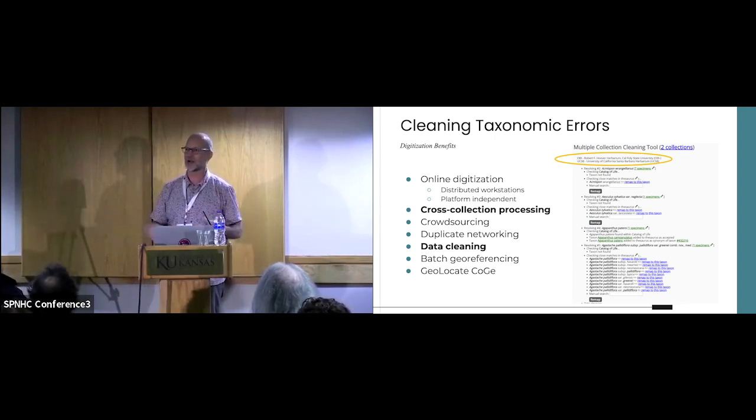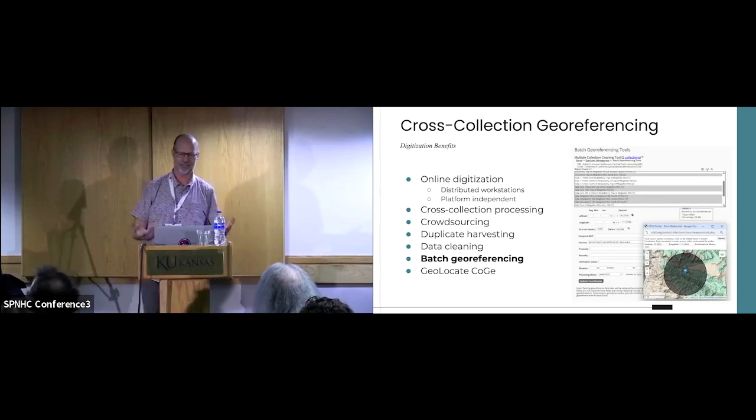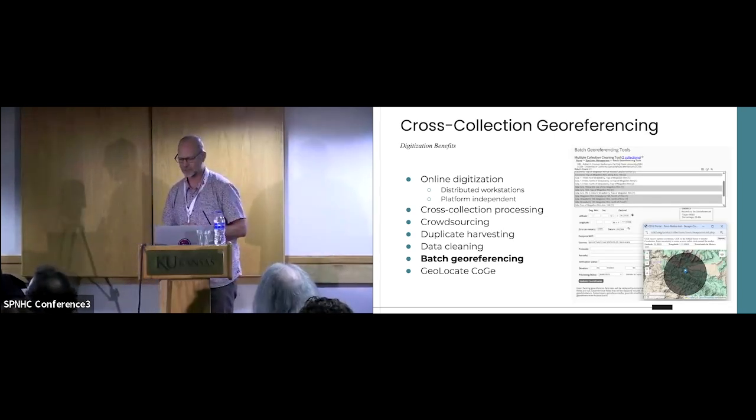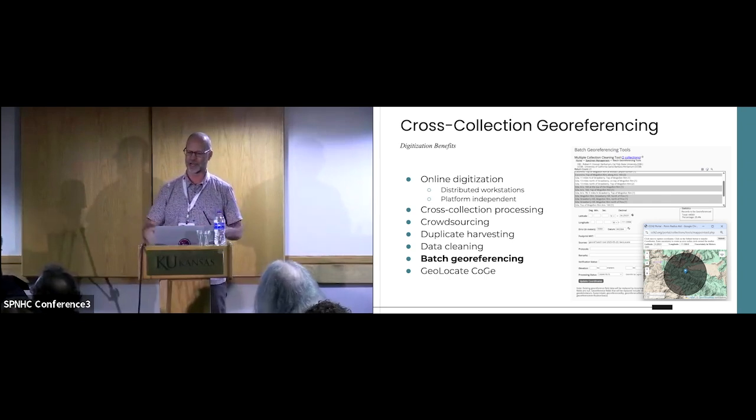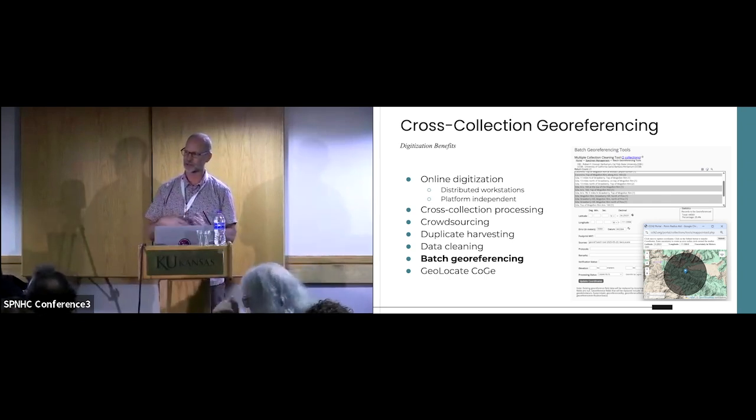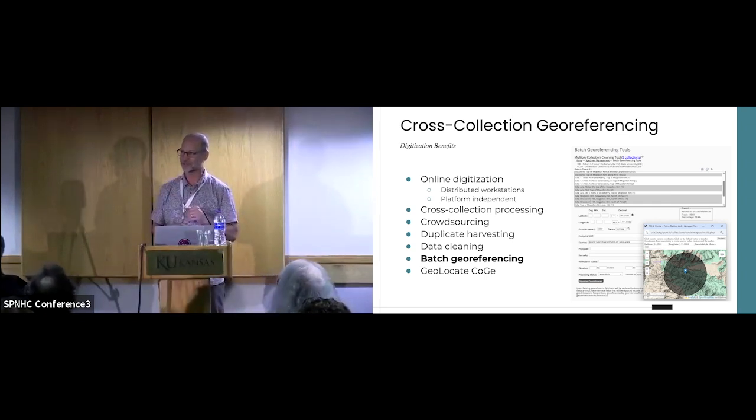So rather than doing this data cleaning with each individual collection, where you're fixing the same mistakes multiple times, it could be done all at once. And the same thing can be done with georeferencing. You could have a list of the occurrences there. There's a tool there that lists all the localities.